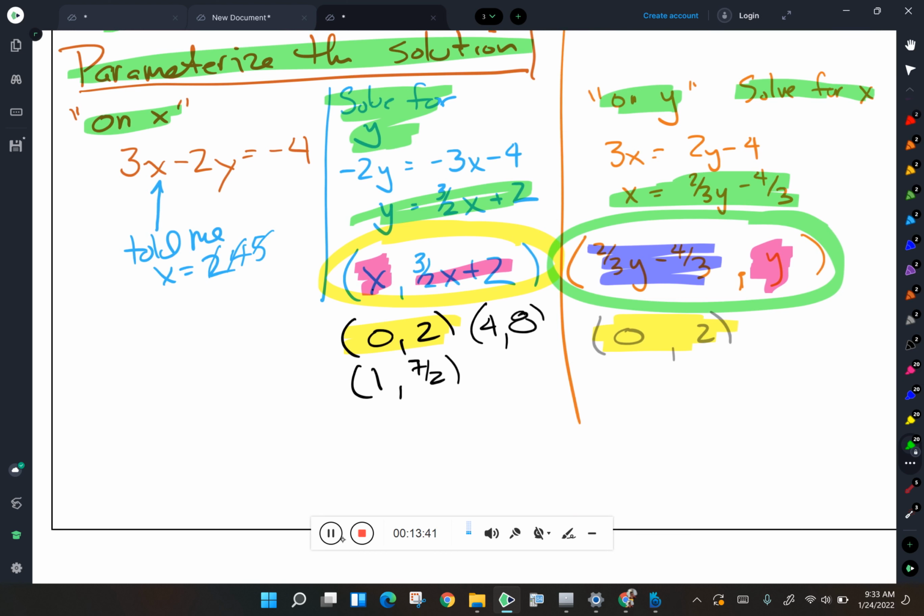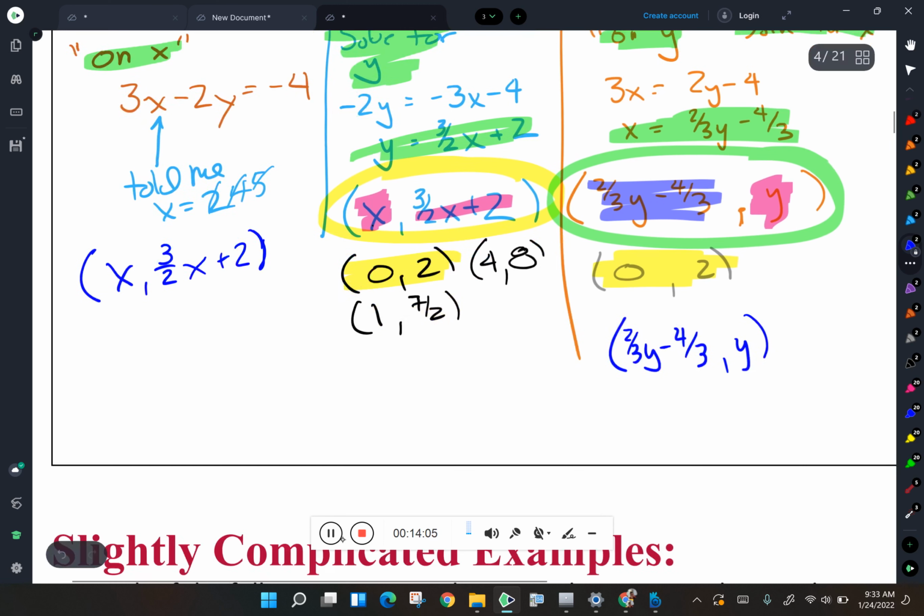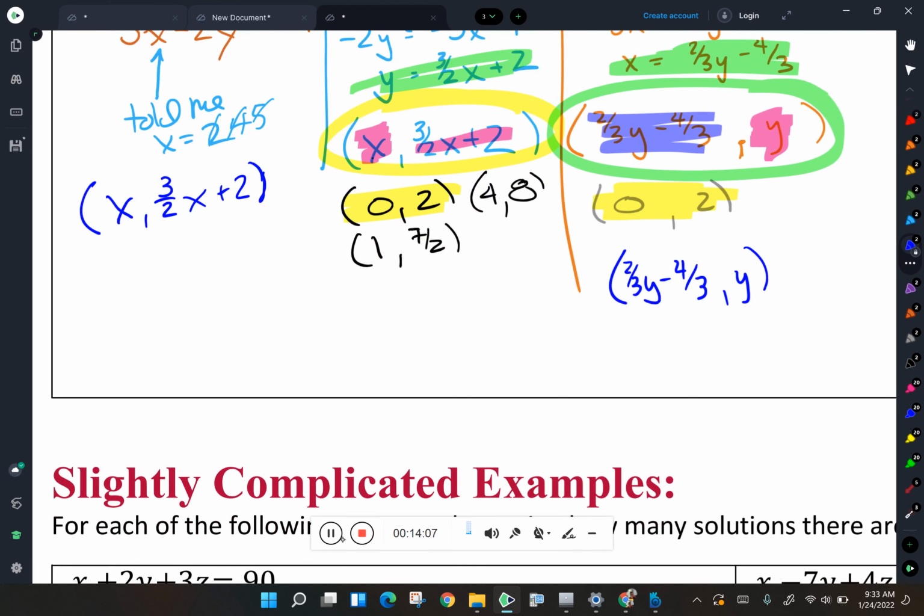So if I'm parameterized on x, I know x, and I have a formula for the other variable in terms of x. If I'm parameterized on y, I know y, and I have a formula for the other variable in terms of y. Okay. All right, I'm going to end this video here.